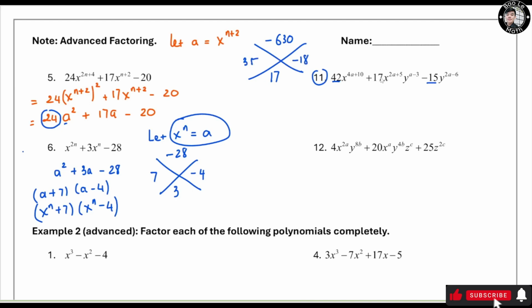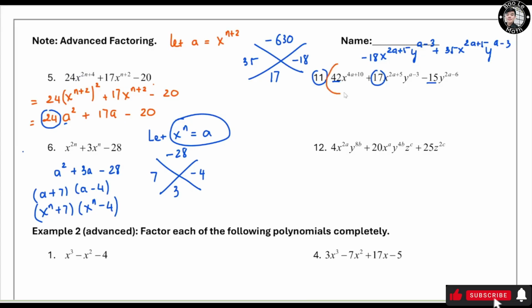So you need to split 17 into 35 and negative 18. So I have negative 18s raised to the 2a plus 5 y raised to the a minus 3 plus 35s raised to the 2a plus 5 times y raised to the a minus 3.